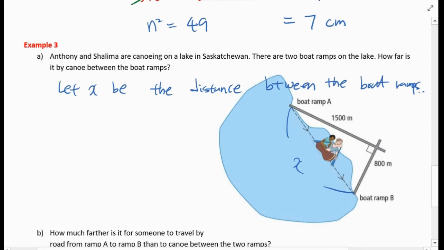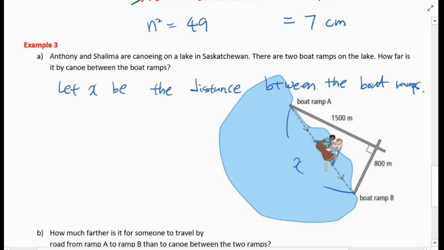Okay, so you're always going to start with the definition of your variable. So let x be the distance between the boat ramps. And if you look at this, this is a right triangle. And what's the hypotenuse, everyone? X is the hypotenuse. Okay, so now I want you to pause the video and try this problem.